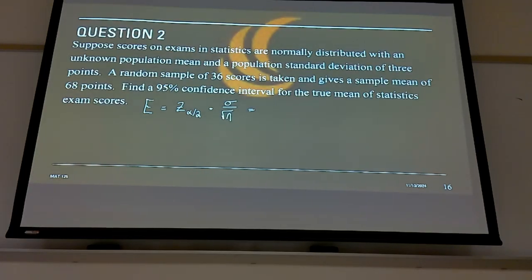Oh dear, that is not an A. That is the Greek letter alpha, lowercase alpha. So the 2 is just standard. Alpha is 1 minus your confidence level. In this case, it's 95% confidence, so alpha would be 0.05.